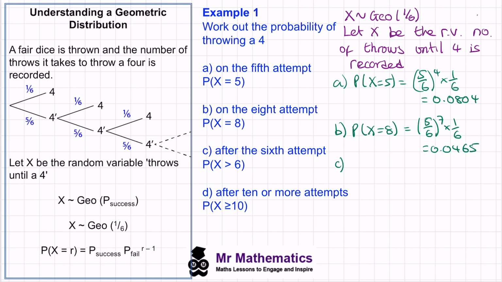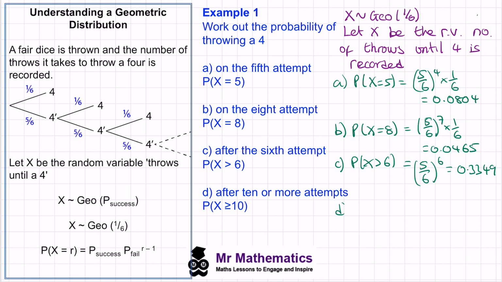And then for C, the probability of getting a 4 after the 6th attempt means we must have had 6 fails. So the probability of X being greater than 6, if we've had 6 fails, will be 5/6 to the power of 6, which gives us 0.3349.